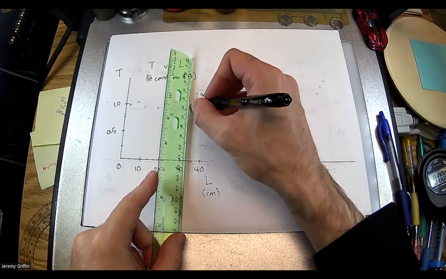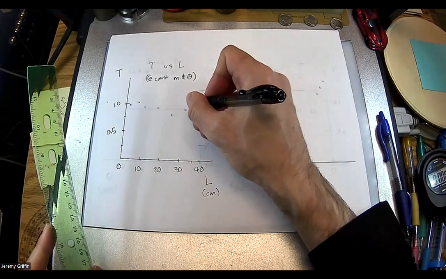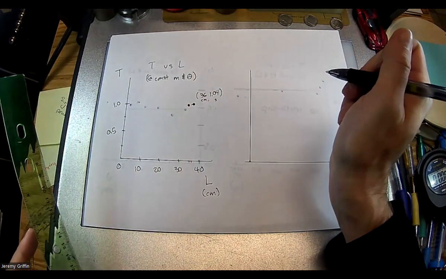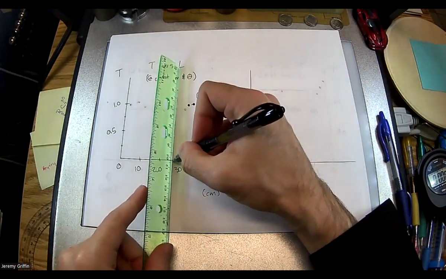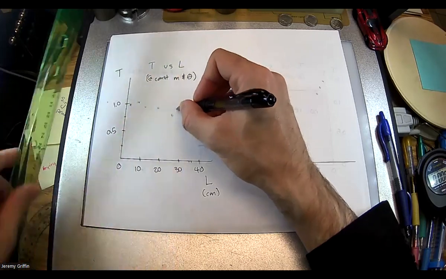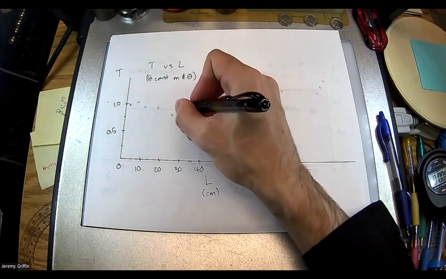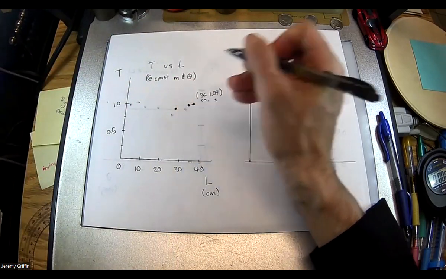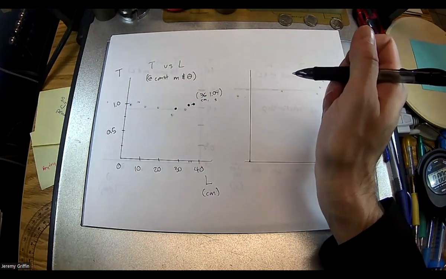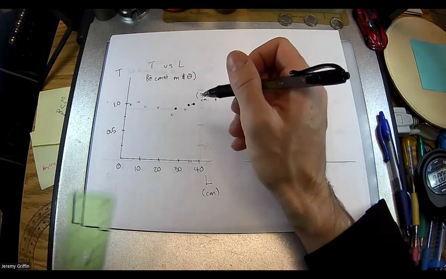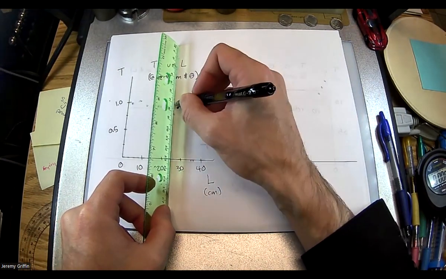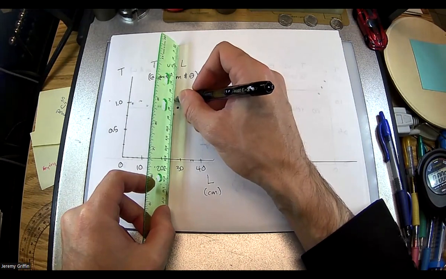33 centimeters, 1.03 seconds. Okay, 28 centimeters, 0.97. 25 centimeters, 1.06 seconds.